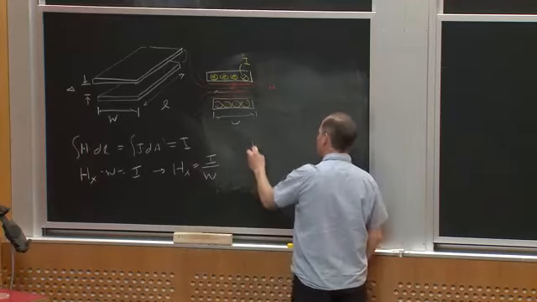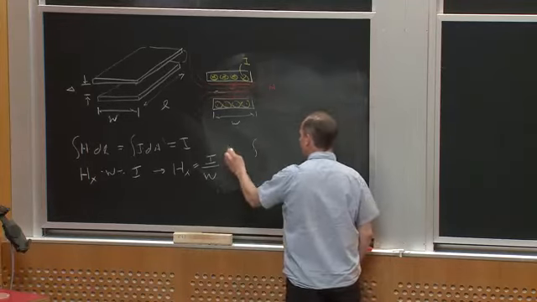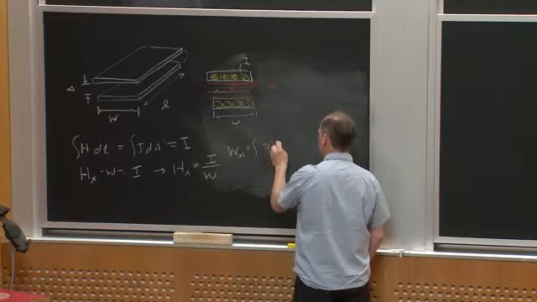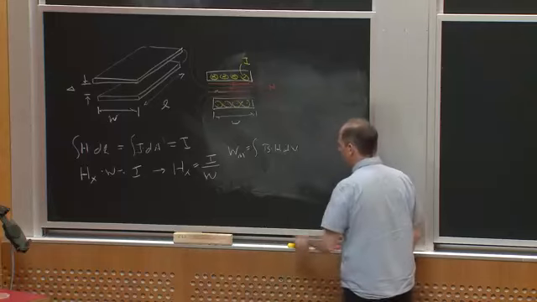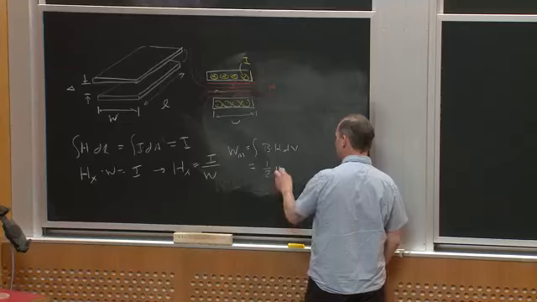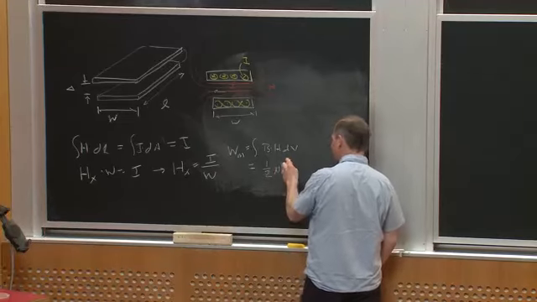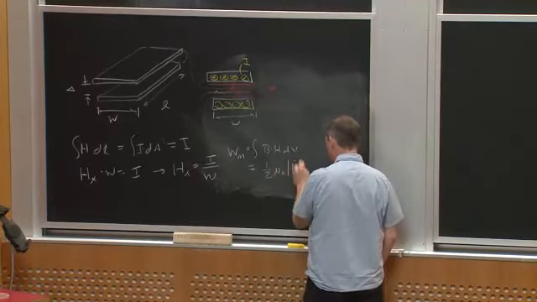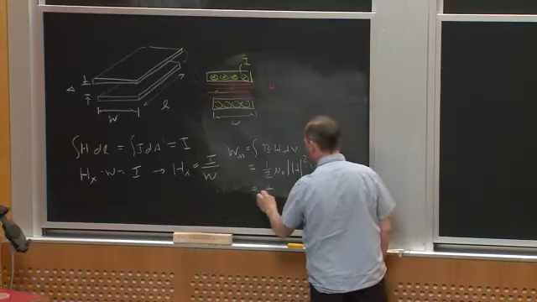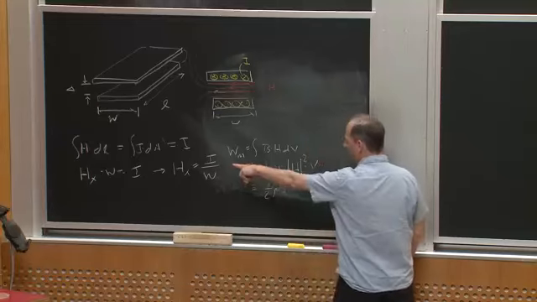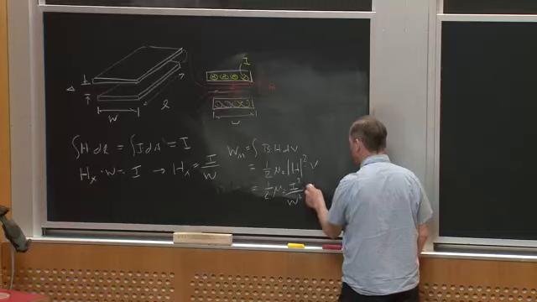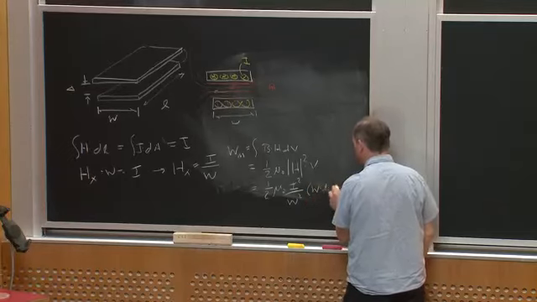So the magnetic energy storage is equal to the integral of B dot H dV, which is going to give me 1/2 mu naught H squared times the volume, which in this case is equal to 1/2 mu naught I squared over W squared times the volume, which is W times L times delta, right?